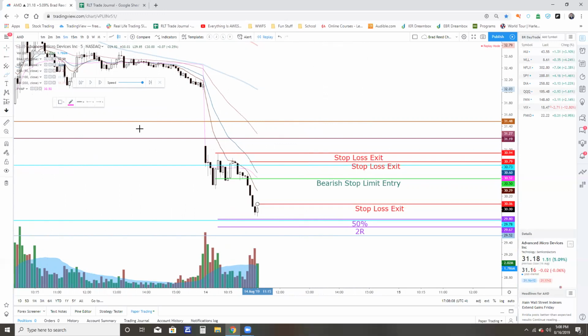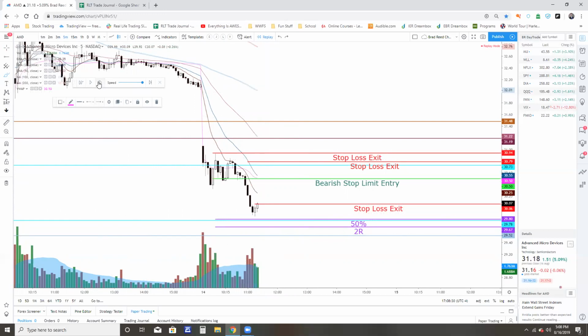Or do I leave my protective stop up here somewhere and maybe take a partial, maybe 50%? When I'm this close to the target, it put in a bullish candle, which looks like it could be bouncing off of support. This candle right there, that could be exhaustion volume. So I'd go ahead and lower that stop, and I would get trailed out for about an hour and a half.